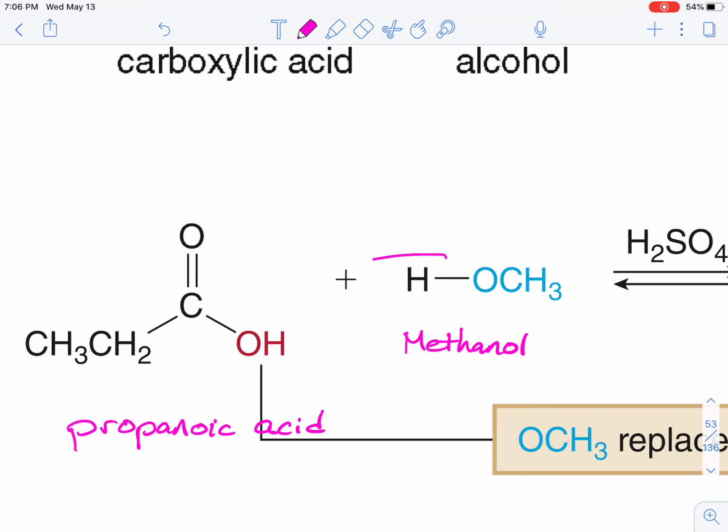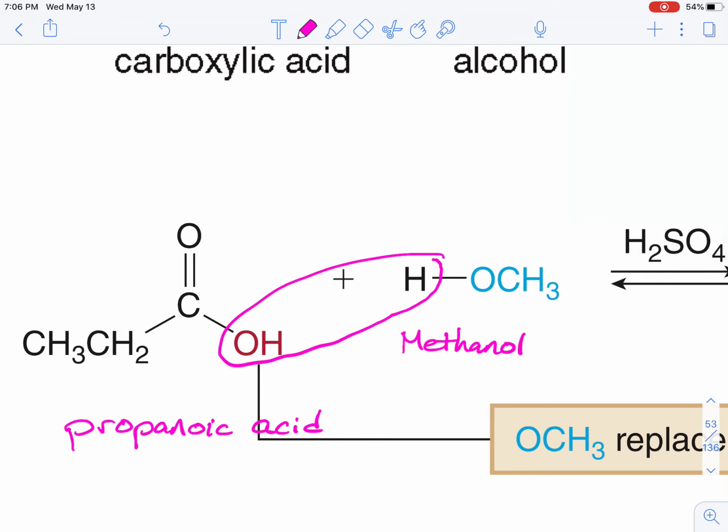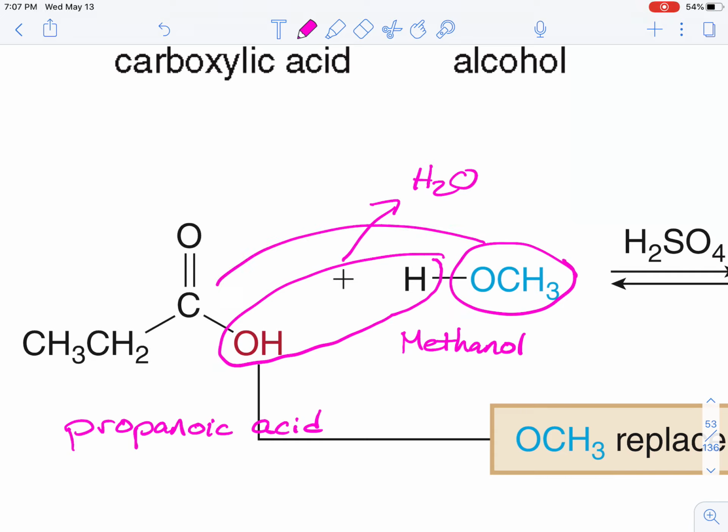So when the hydroxyl group in the propanoic acid and the hydrogen from the OH in the methanol are kind of aligned with each other, both of these are going to form a water molecule, allowing this OCH3 to be covalently bonded to the carbonyl carbon.